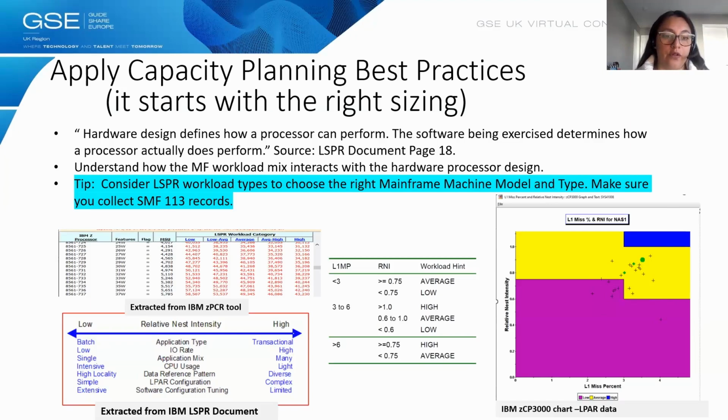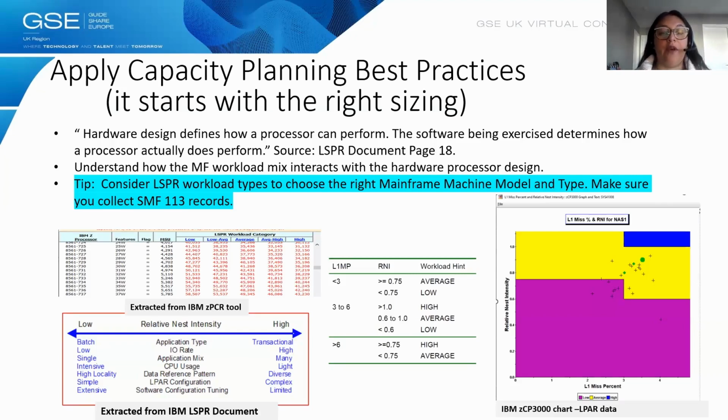available to the workload. It's a little bit complicated to explain, but the summary of this slide is: make sure you collect the SMF 113s and make sure you understand how your workload mix, or the main workload during business critical hours, is classified, so you don't make a mistake.